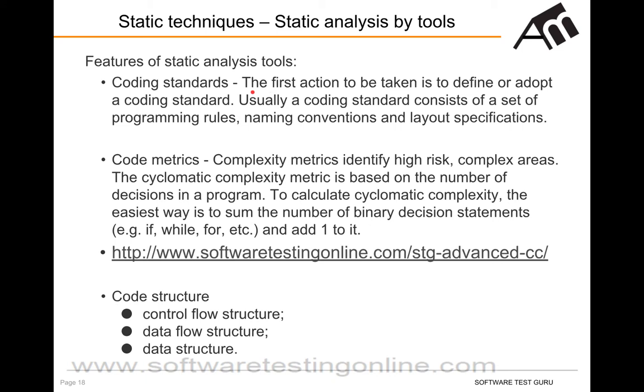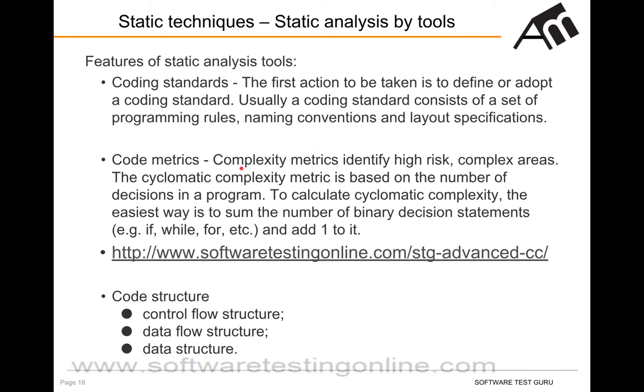So any code, if you're using a static analysis tool, then the code will be compared against MISRA standards. For example, in case of C programming language, it is MISRA standards. So the coding standards will tell you the naming conventions, programming rules, and readability. So those issues have to be fixed.